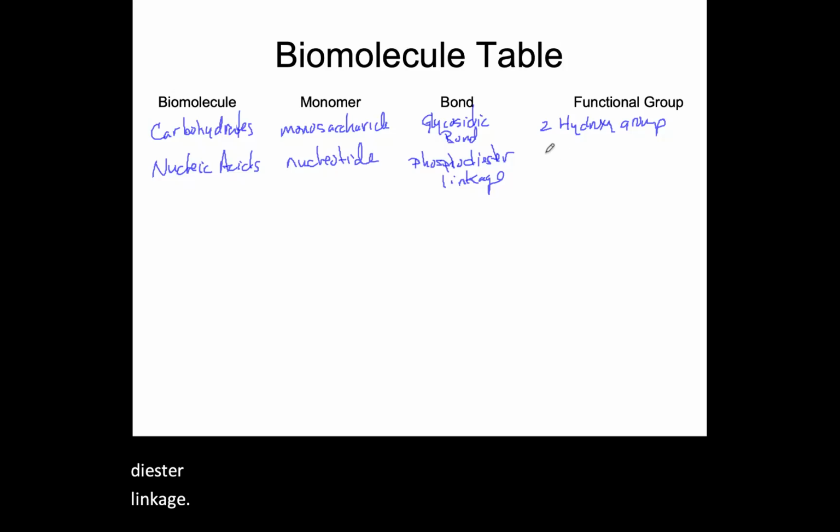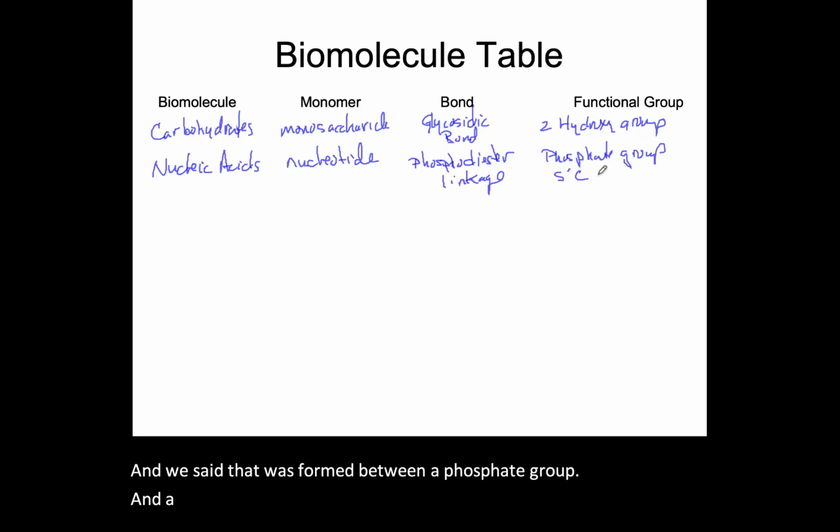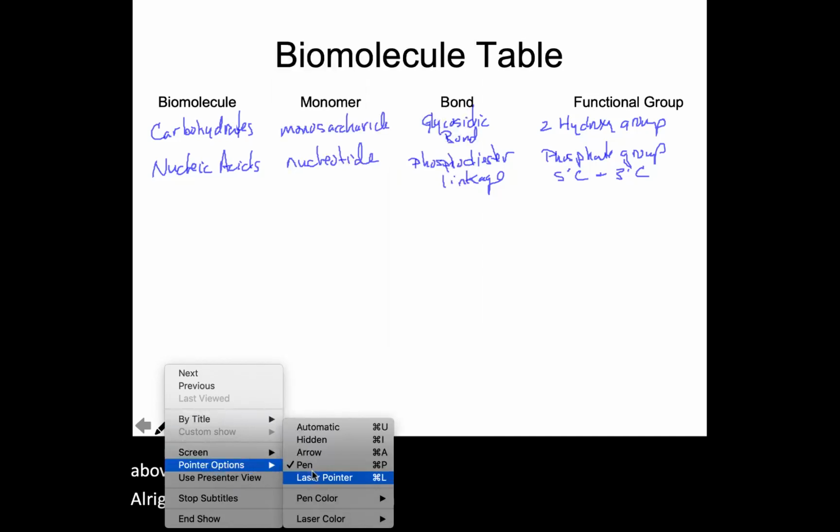And we said that that was formed between a phosphate group and a 5' carbon of one sugar and a 3' carbon of the sugar above it. All right, so that's where we've been so far.